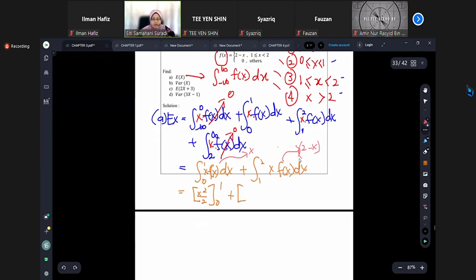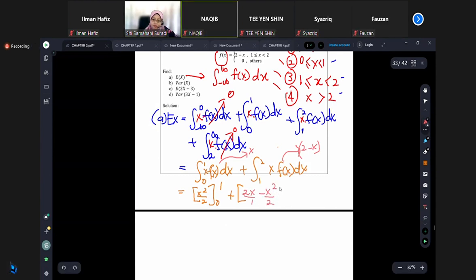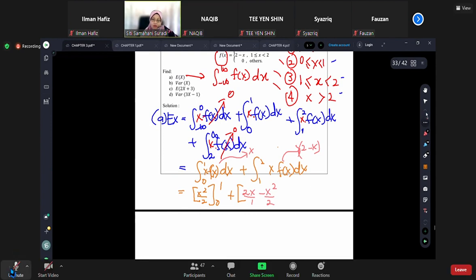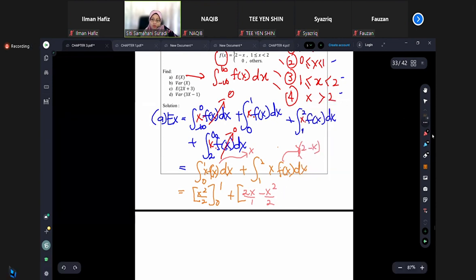So that means 2 minus x, plus integration of 2, we get 2x divided by what? Am I right? Minus x power of 2 divided by 2. Do you all remember this?